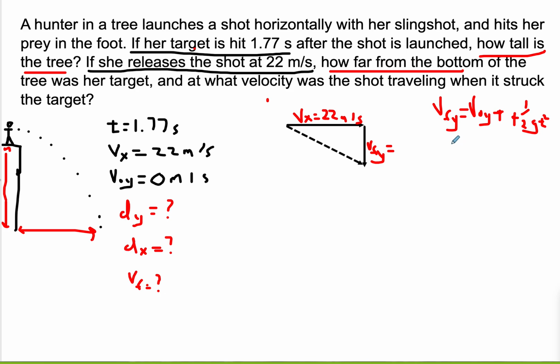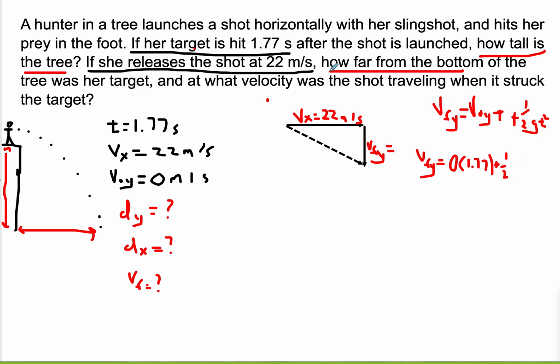There we go. All right. So then we know that VFY is going to equal 0 times 1.77 plus 1/2.